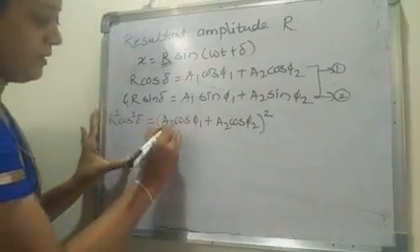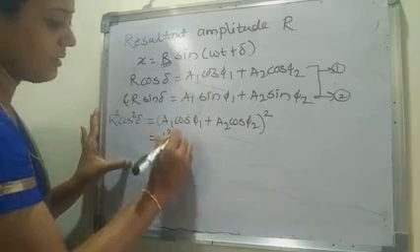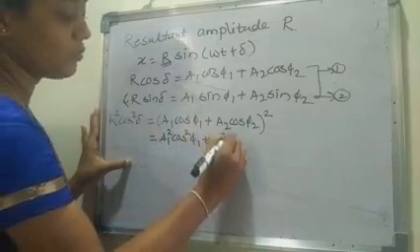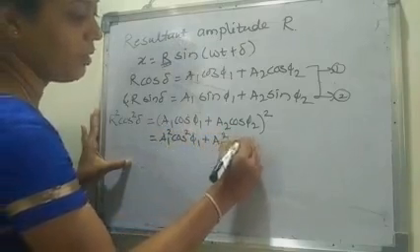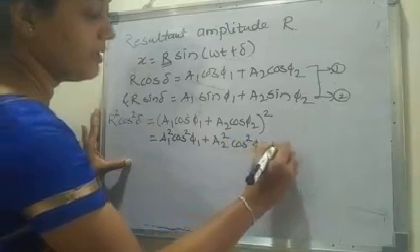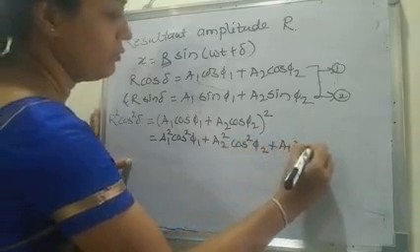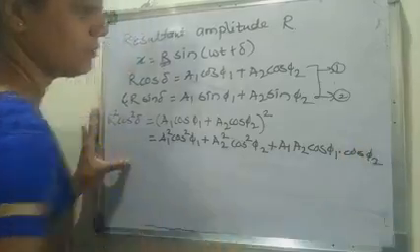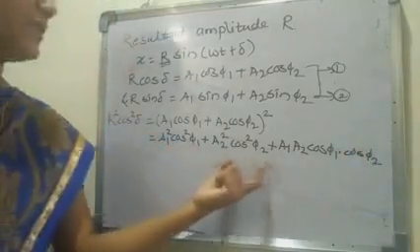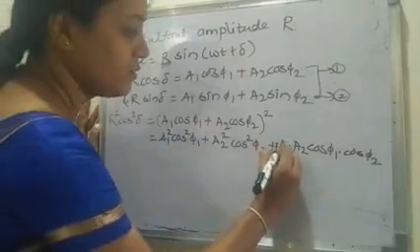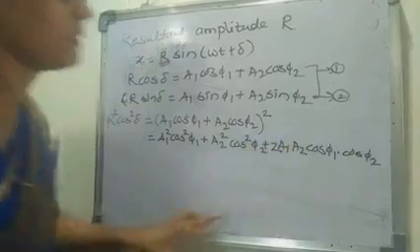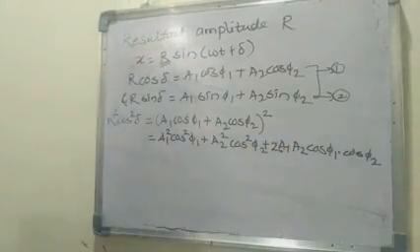So here A1 square cos square phi 1 plus A2 square cos square phi 2 plus twice A1 A2 cos phi 1 into cos phi 2.